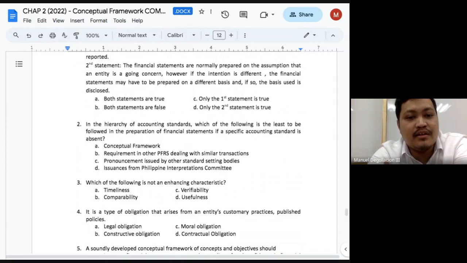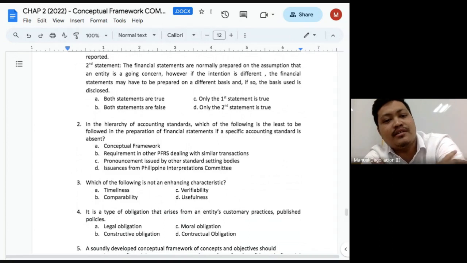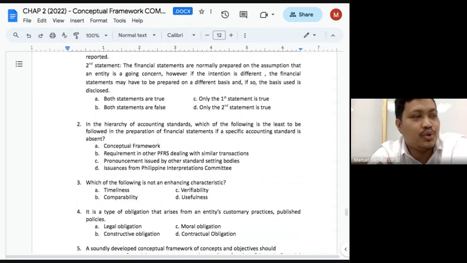But if again there is no specific accounting standard that is available, you go to letter B, the requirements in the other standards dealing with similar transactions, and then if there are no standards for similar or related transactions, you go to the framework.